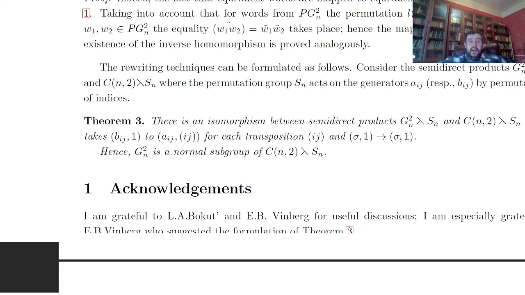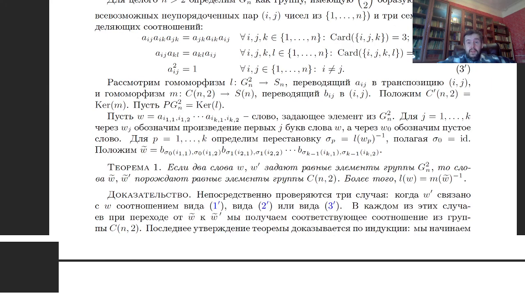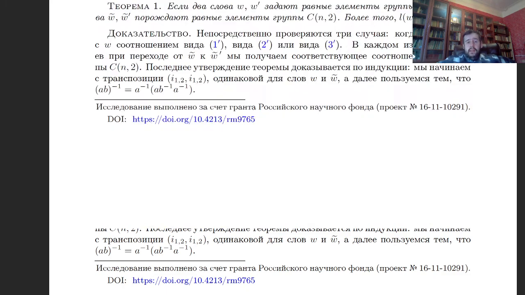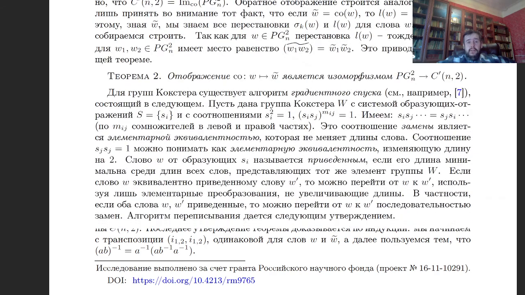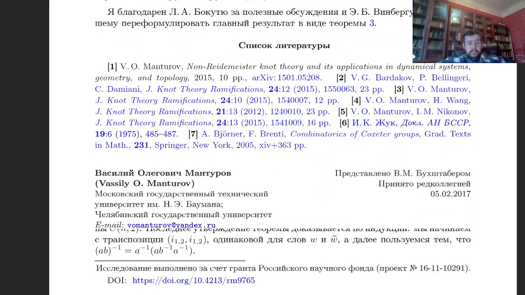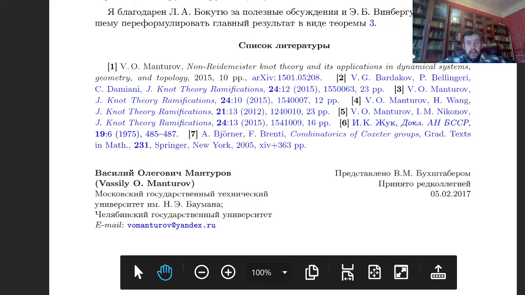Well, actually, the problem of rewriting is not quite new, and there was a former student of Wienberg, who passed away long ago, as well as Wienberg himself. Here I want to indicate a paper by Zhuk.